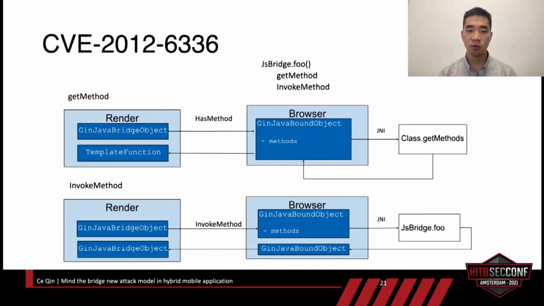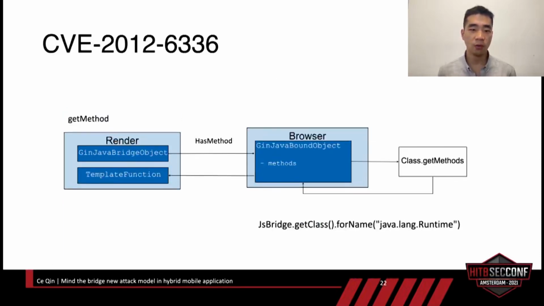Certainly, there will be a cache in the GenJavaBound object. Like you think, the return value is also a template, just used to tell the JavaScript code, yes, there is a function. Second, invoke method. It works like get method. It uses reflection to invoke the target method and reflect the return value.